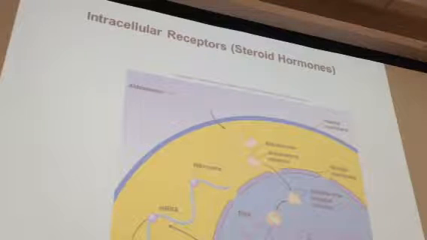Now, they are lipid soluble. As such, they pass through the plasma membrane, either by diffusion or facilitated diffusion in the case of thyroid.